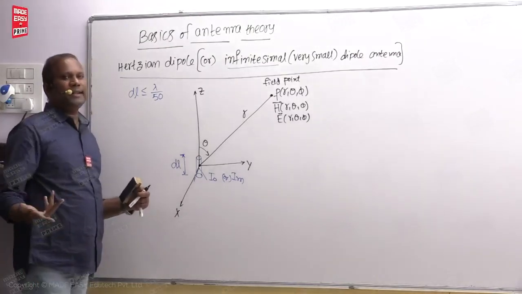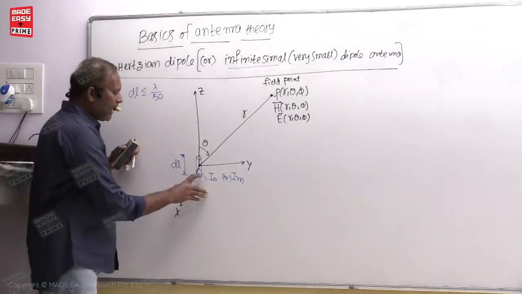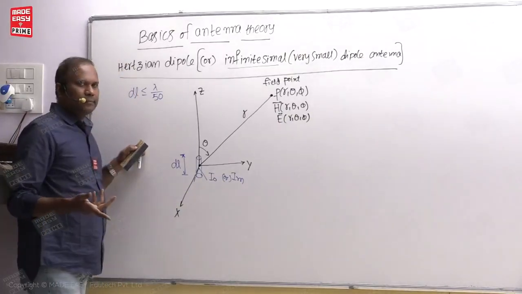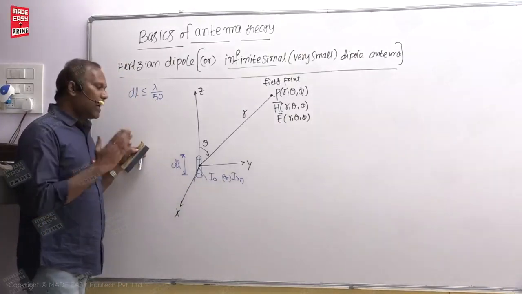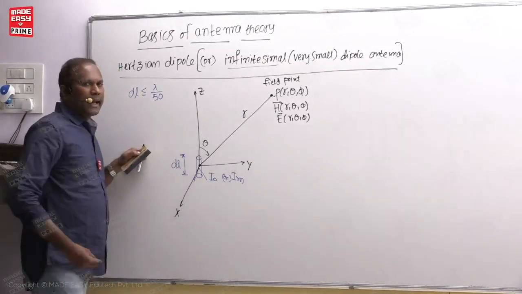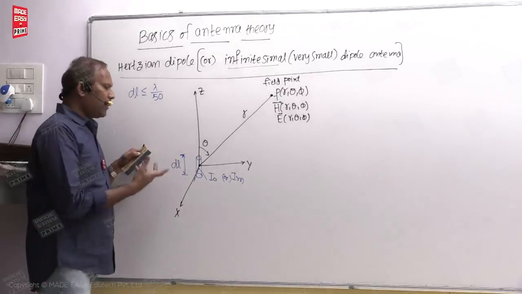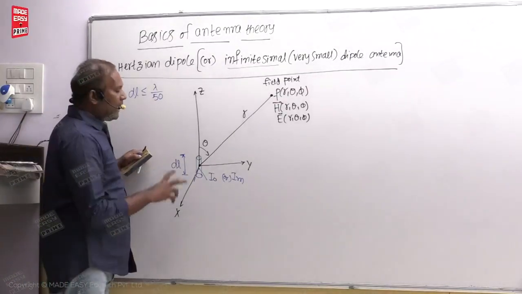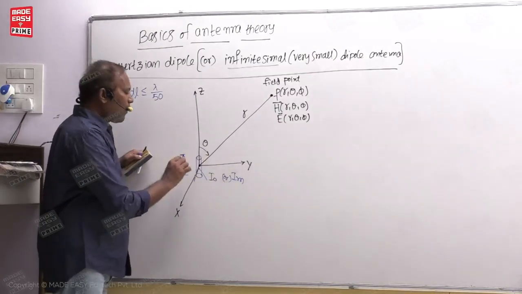It is not a function of distance. That means at any height this current value is constant. Uniform current I0 is given to this, that is called excitation. Excitation means giving input.